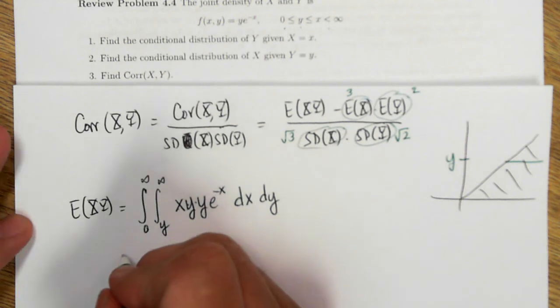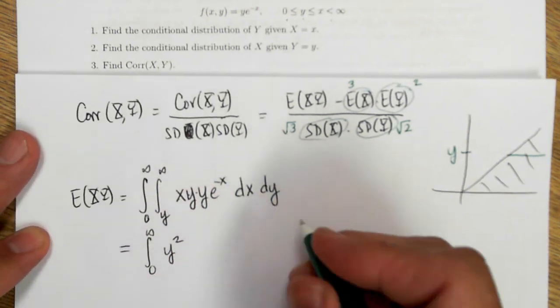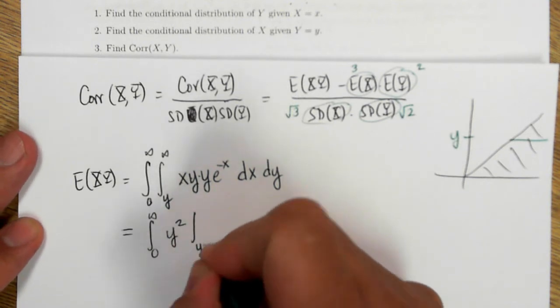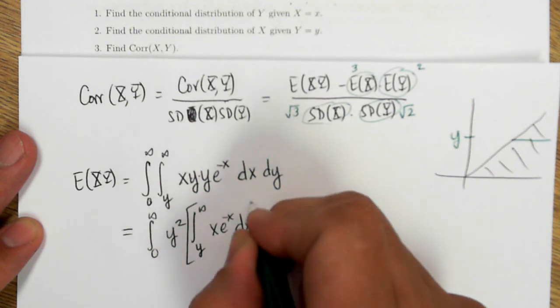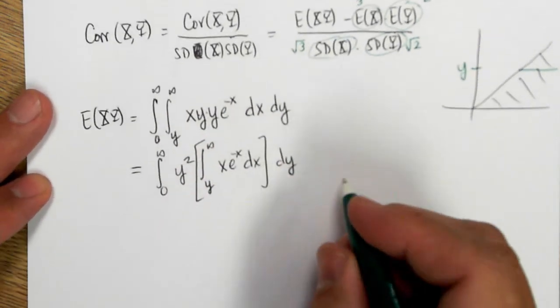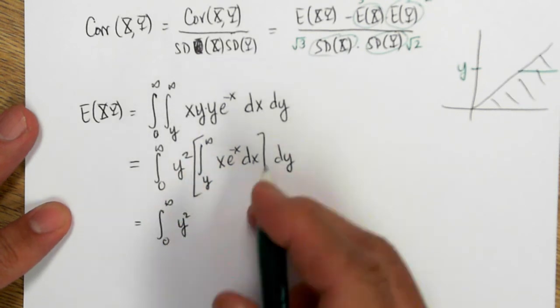Alright, so let's start integrating. And there's no shortcut to this except to just do it. So y squared, integral from y to infinity of x e to the minus x dx dy, equals integral from 0 to infinity y squared.